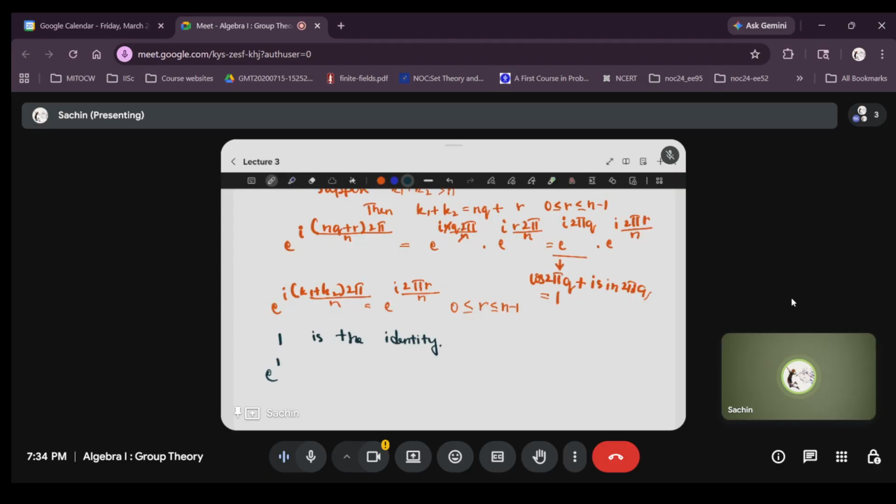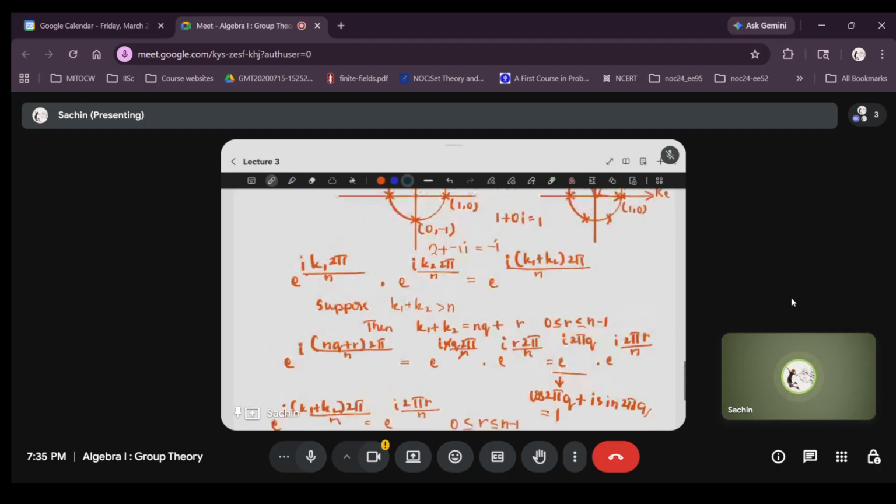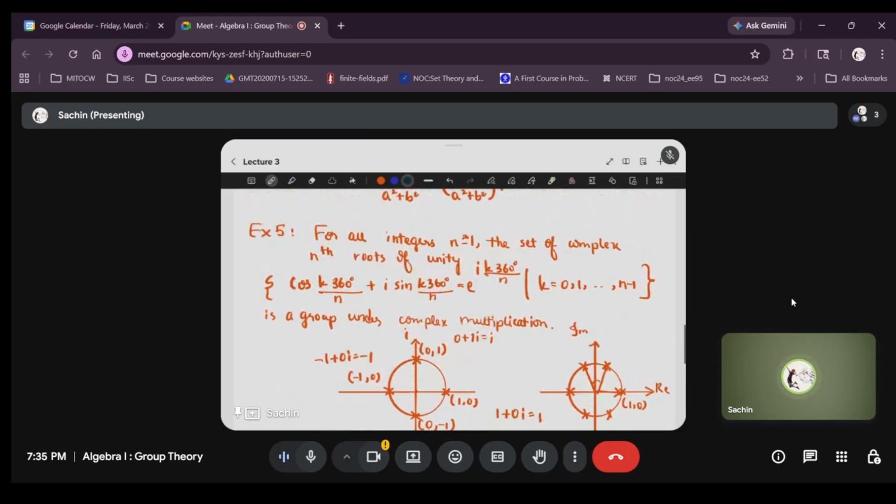And what is the inverse of e power i k into 360 by n? But in that form, that would not be an element of the set, right?